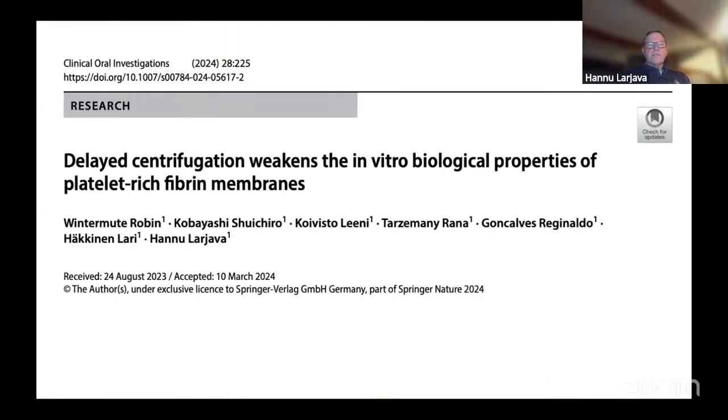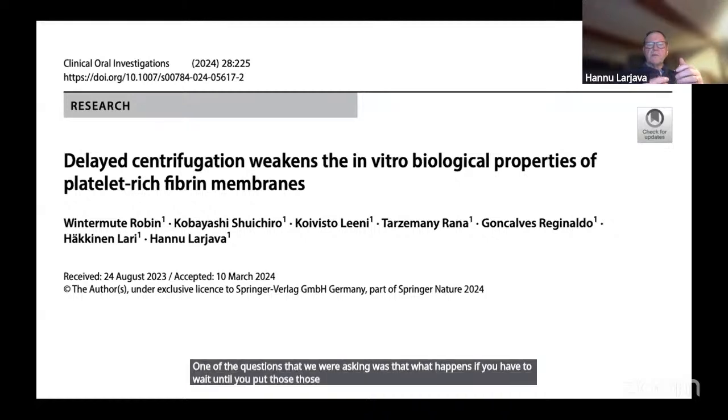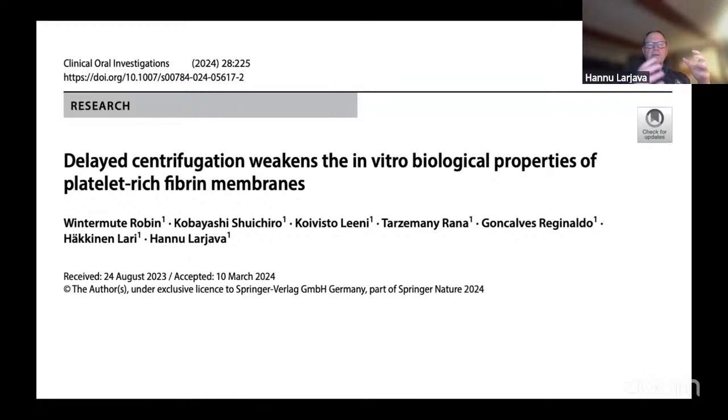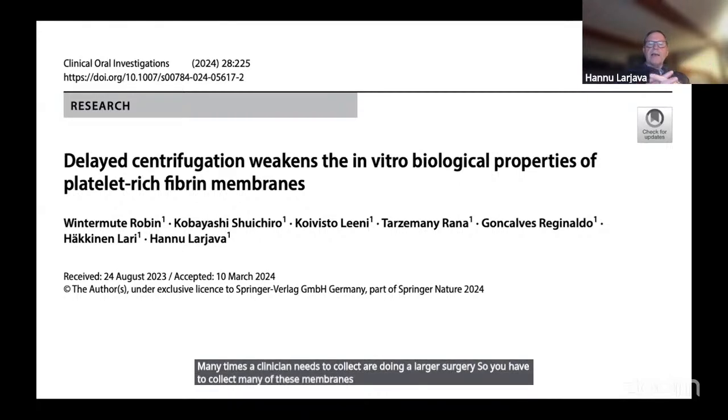One of the questions that we were asking was what happens if you have to wait until you put those tubes into the centrifuge. Many times a clinician needs to collect many of these membranes if you are doing a larger surgery. So you may have like 8 tubes or more.